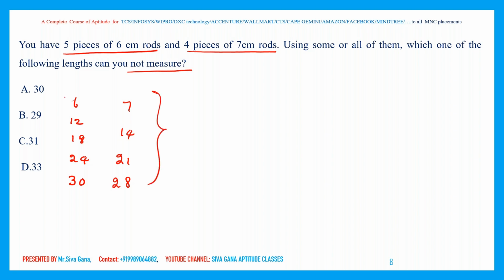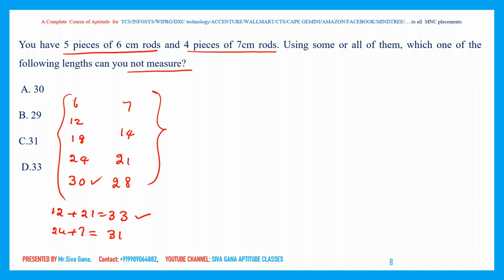Now, taking some of these arrangements, can we measure 33? Yes, 12 is there, 21 is there, the sum is 33. We can measure 33. Now 31: 24 plus 7, 24 is there, 7 is there, so we can measure 31 also.